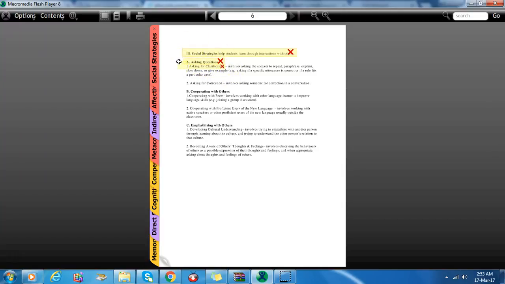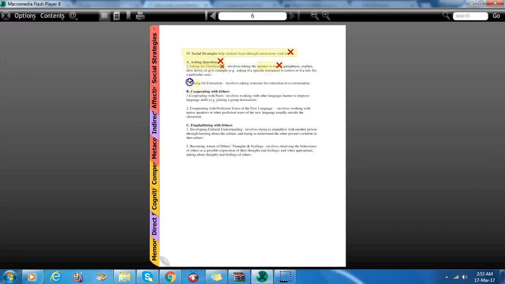But if you can't understand what they mean by asking for clarification, you can highlight the key points here. So I can see here, speaker to repeat. The key point here helps you to understand what asking questions means, what asking for clarification means. You can request the speaker to repeat the phrase, the sentences, or the words spoken.